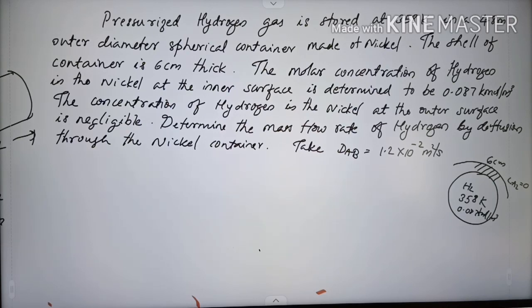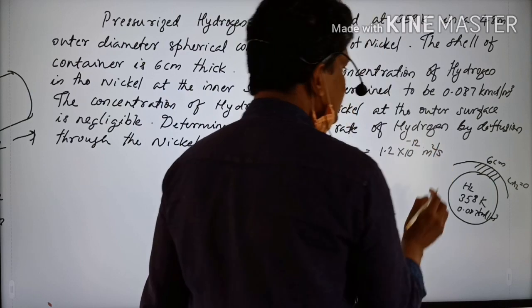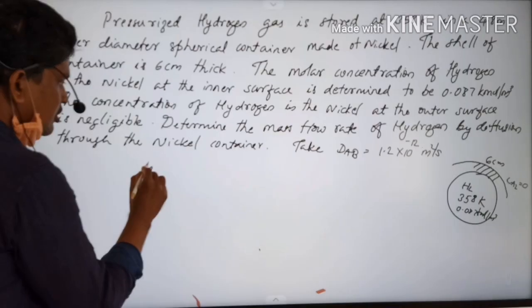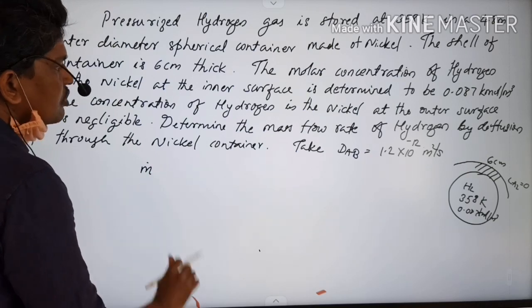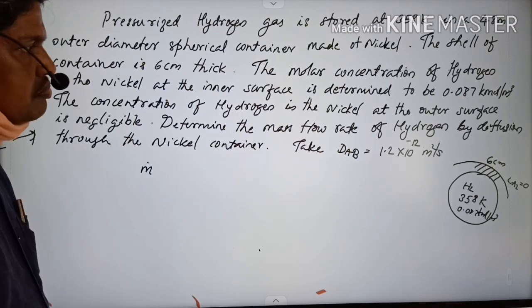Take dAB, the value of dAB is given as 1.2 into 10 raised to minus 12 meter square per second. So it's a hollow sphere. So we have the equation. You can find out the mass or mole based on the concentration.